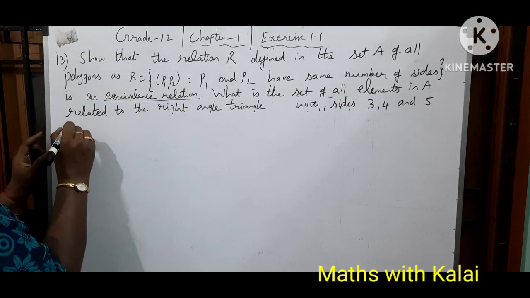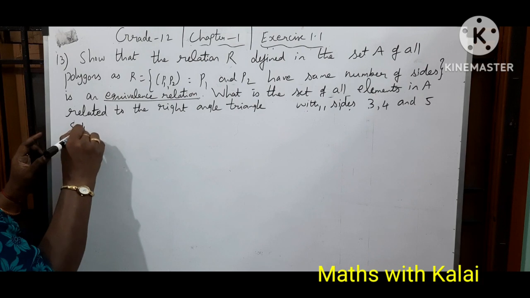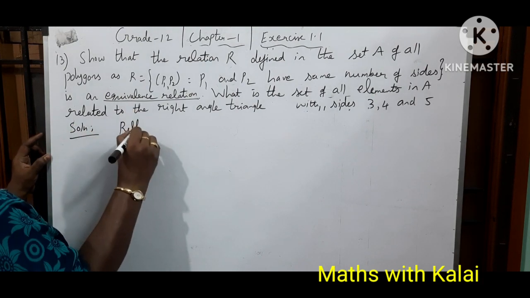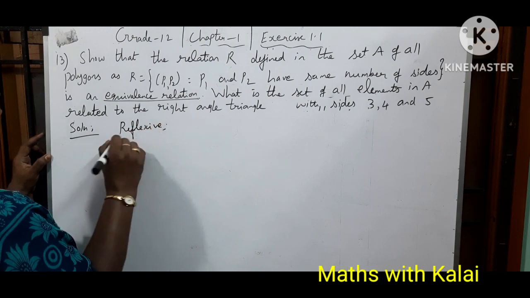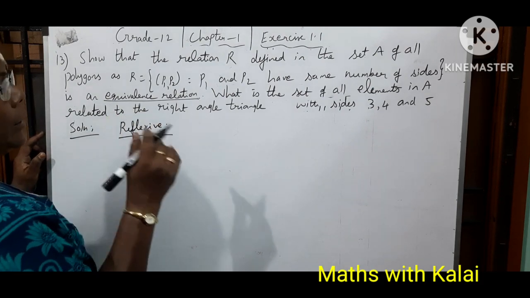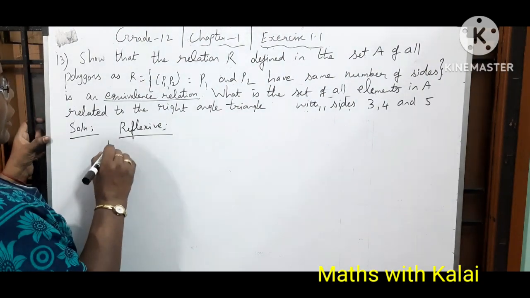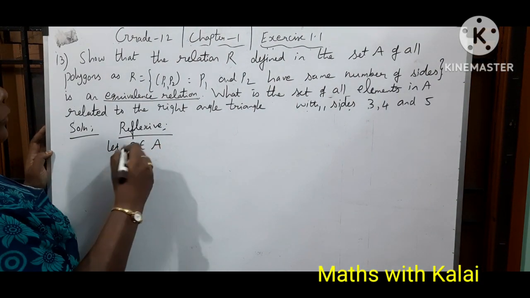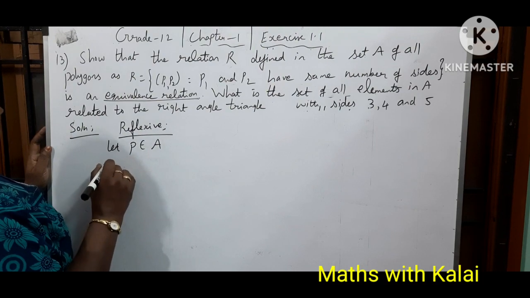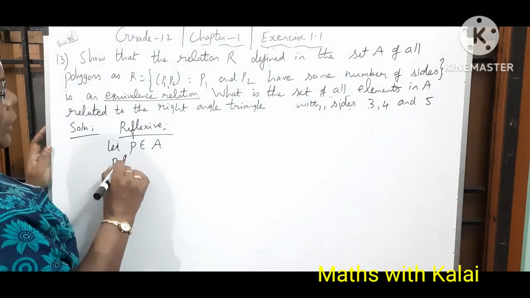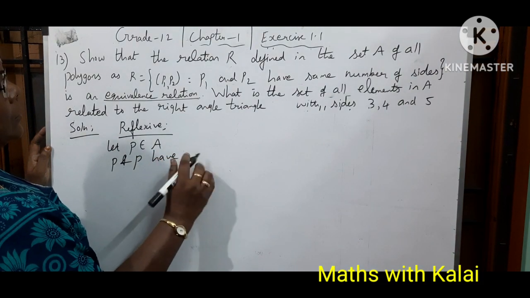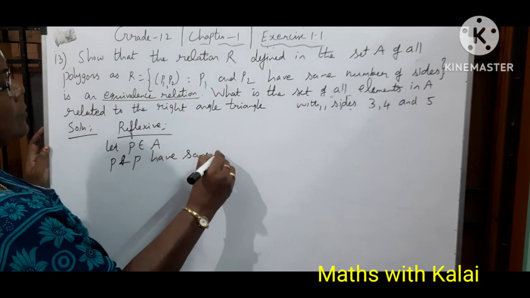This is our first part. For coming to the solution, to prove the equivalence relation, first we have to check reflexive. That means one element should relate to the same element. Now I am taking P belongs to A. P is a polygon that belongs to A. And we all know that P and P have the same number of sides.